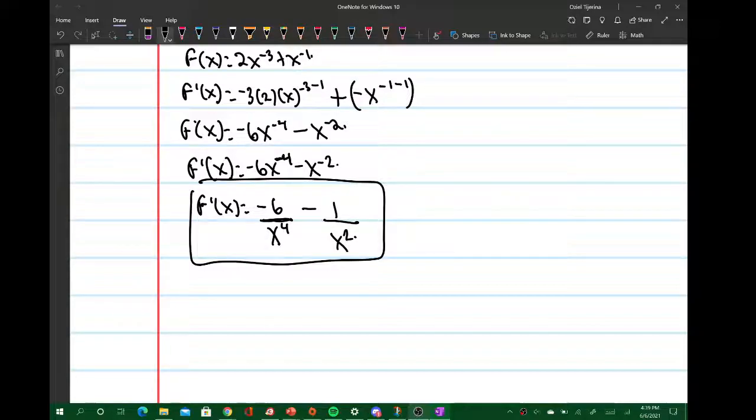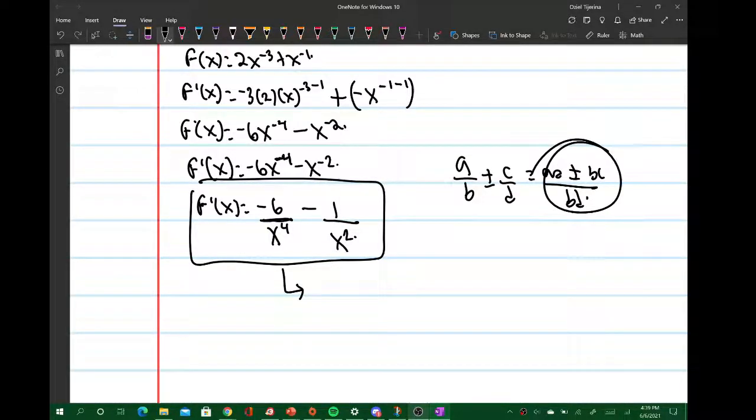Now, if they push you further and say, okay, try to make it into one fraction, all you really have to do is say that this is equal to, and you can use the a over b plus or minus c over d equals ad plus or minus bc over bd rule. You can say this is equal to negative 6 times x squared minus 1 times x to the fourth over x to the fourth times x squared.